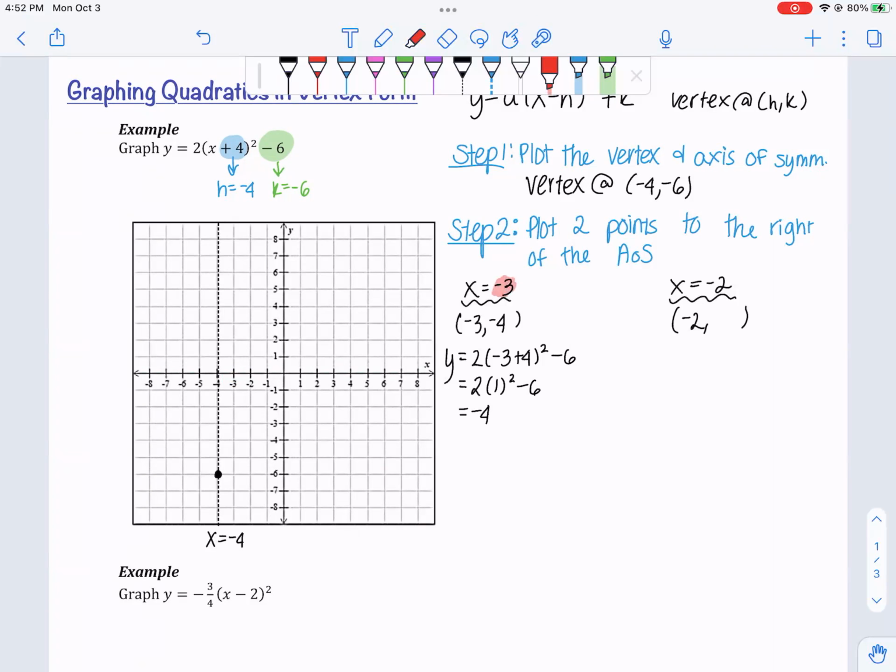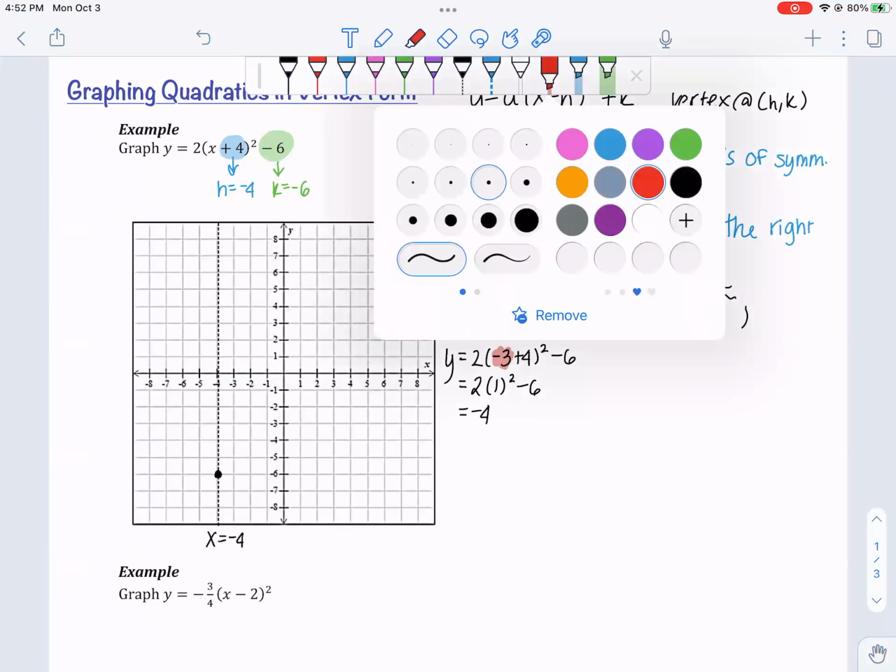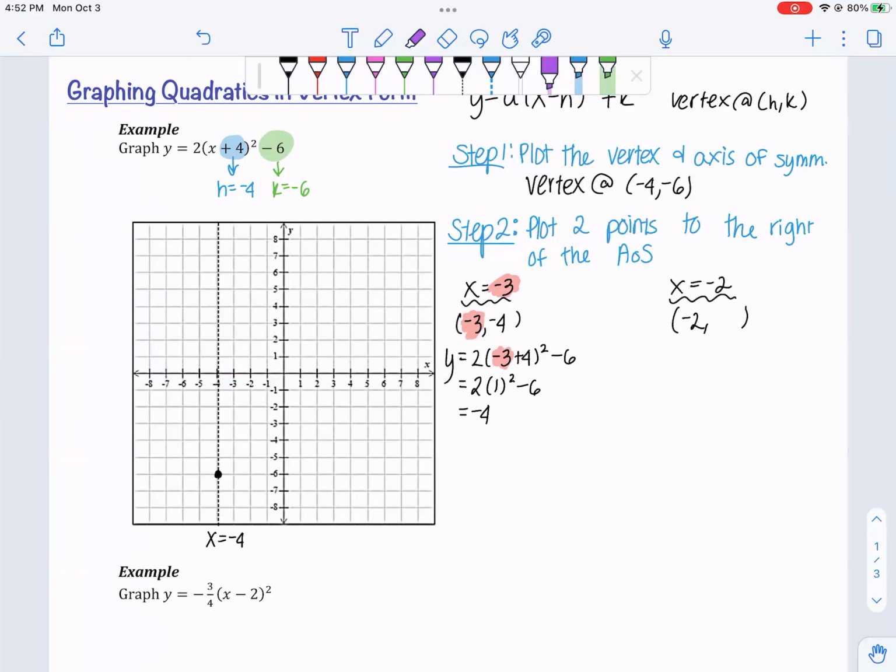You plugged -3 in for x, and it popped out a y value, -4. So we can plot the point -3, -4, and use the axis of symmetry to plot its partner point. And maybe I'll do that in the next step. So we'll just plot one for now.